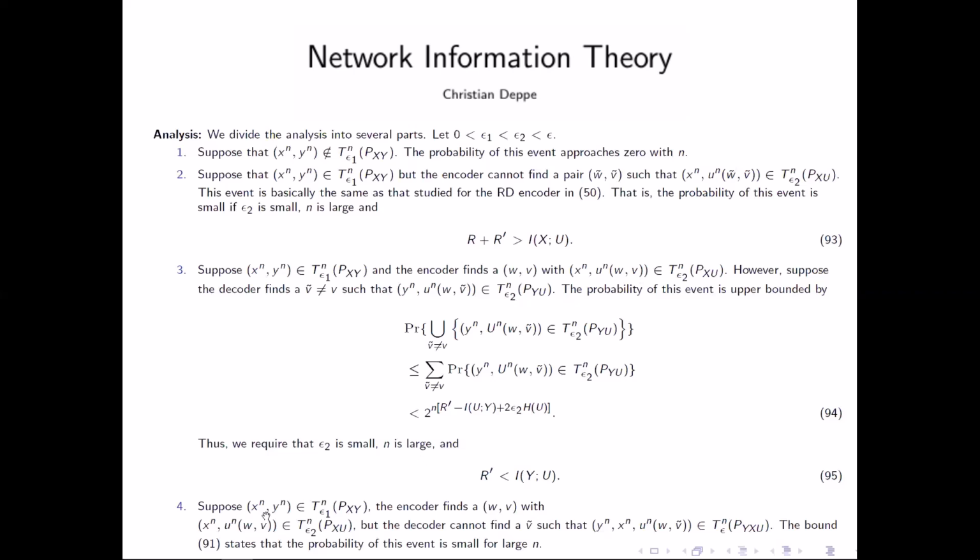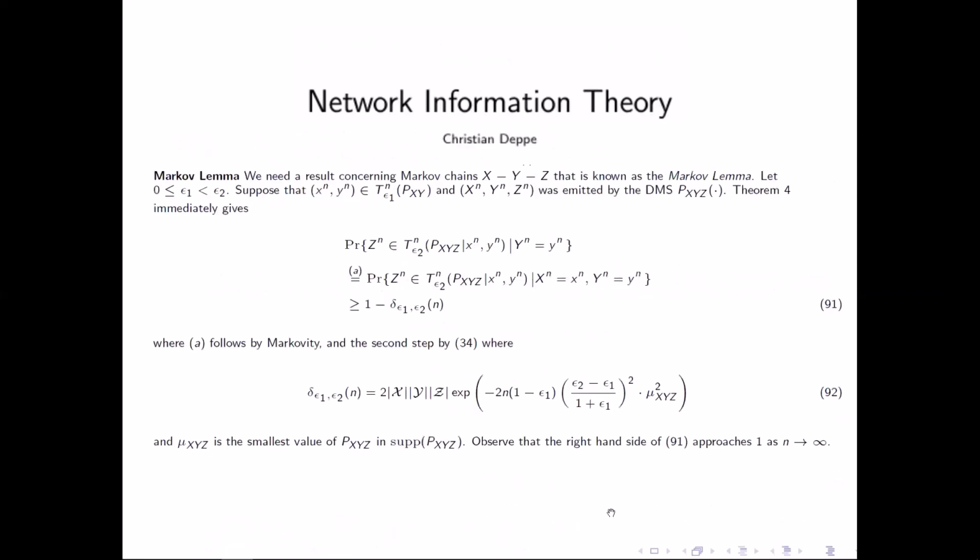So the fourth case, again, we assume that X^n and Y^n are jointly typical with respect to X and Y, and the encoder finds a w and v such that X^n and U^n are jointly typical with respect to X and U, but the decoder cannot find a v tilde such that Y^n, X^n and U^n are jointly typical with respect to Y, X, and U. If we look at this, it is exactly the opposite event we have here.